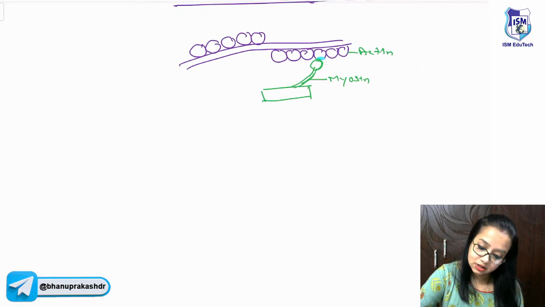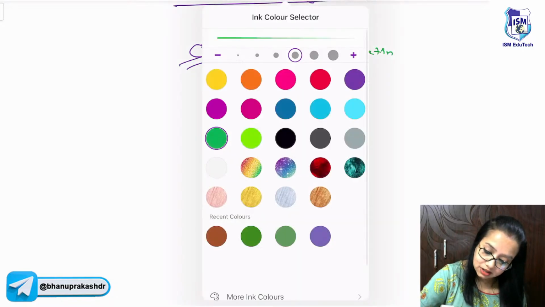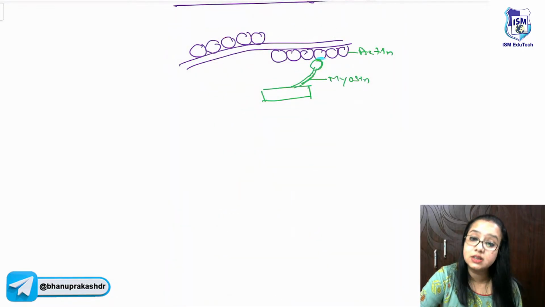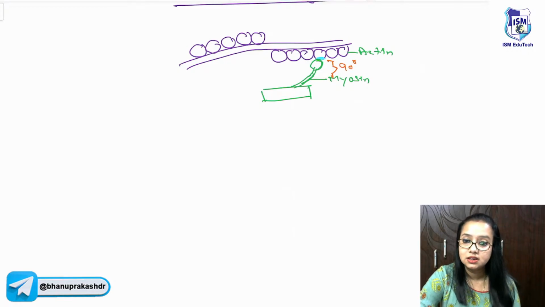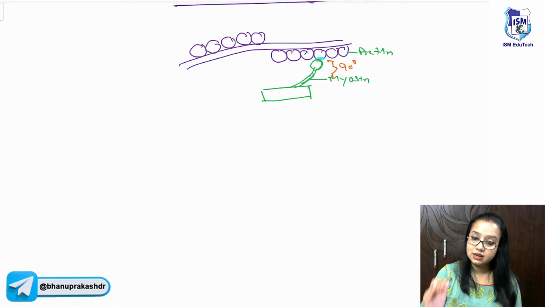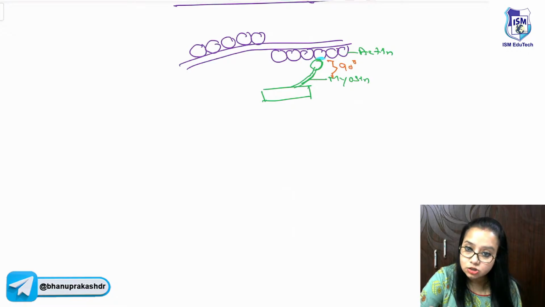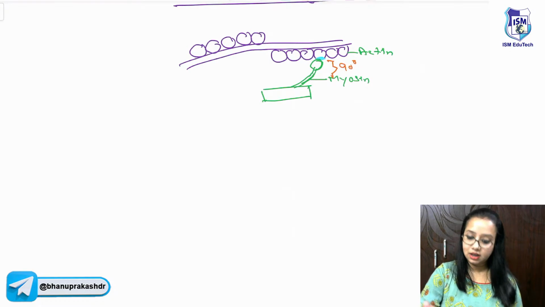Here you see this actin and myosin, the configuration at which they are lying is at 90 degrees. At 90 degrees, the myosin head goes and binds on the exposed site on the actin.